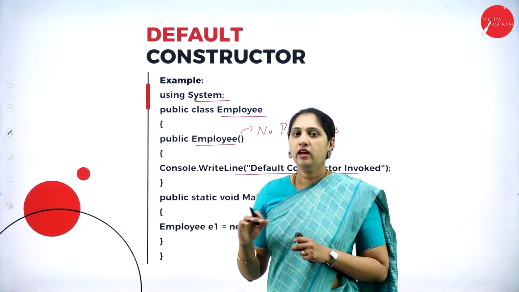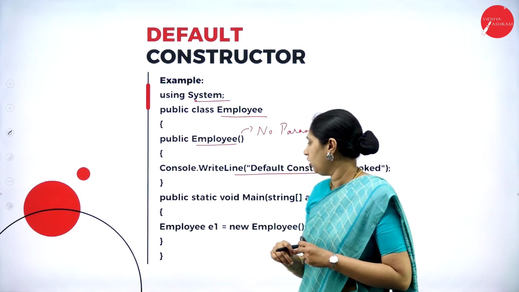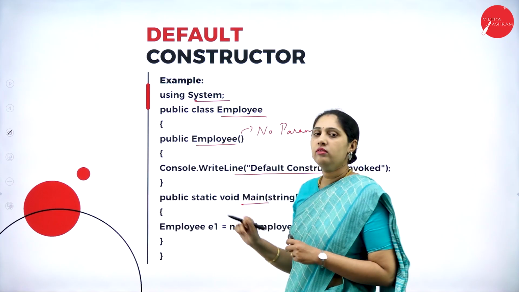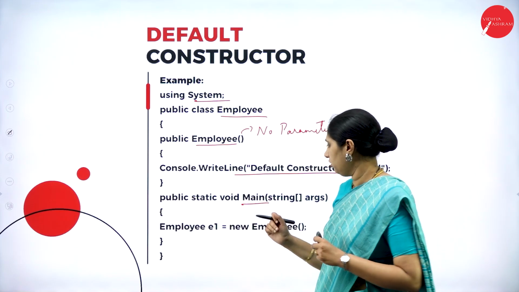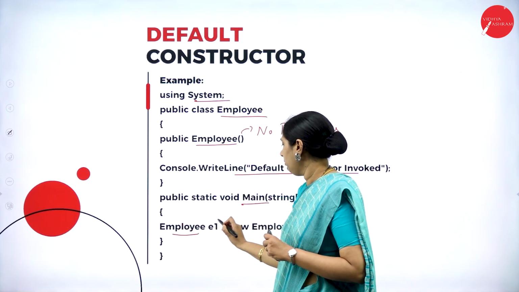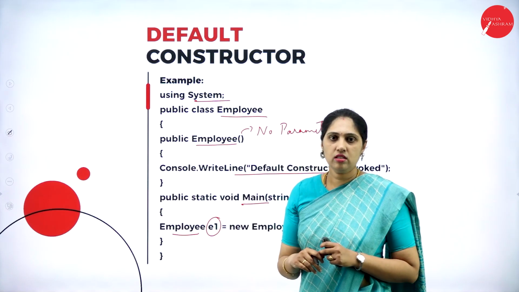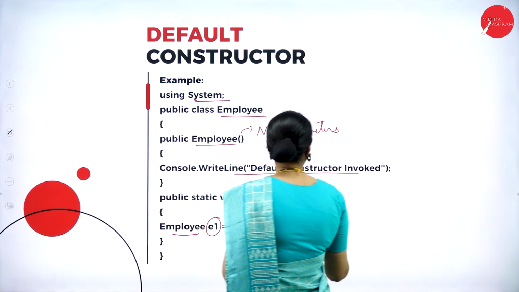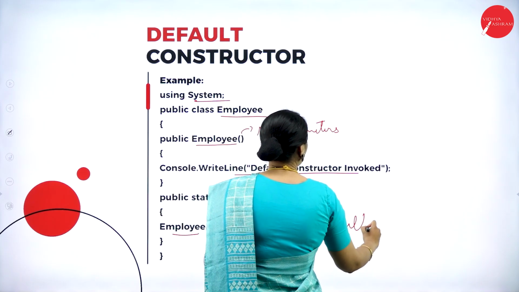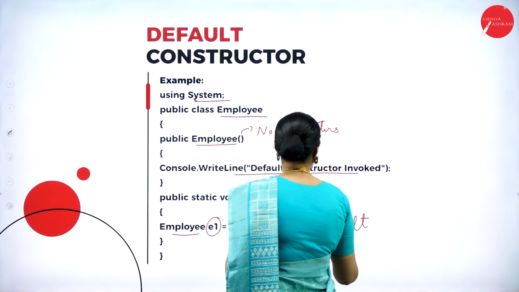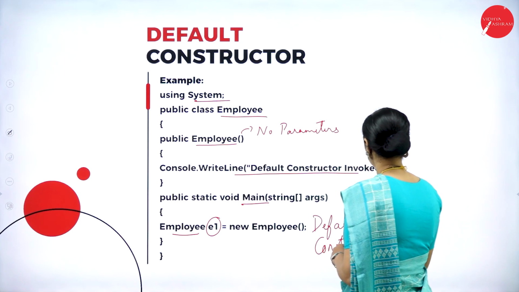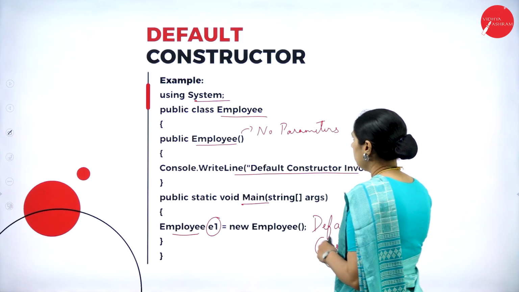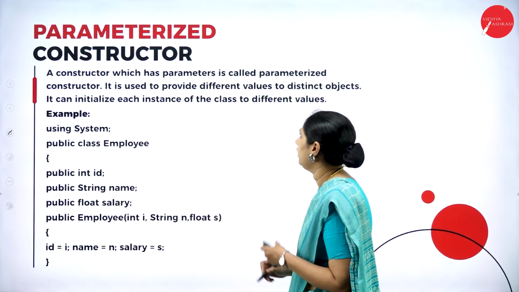Next, in the main, we just create an object. How to create an object? Say class name, any variable name, that is your choice. E1 is equal to new Employee. This is nothing but the default constructor. So this is the example for default constructor.